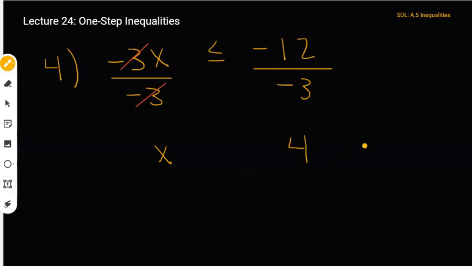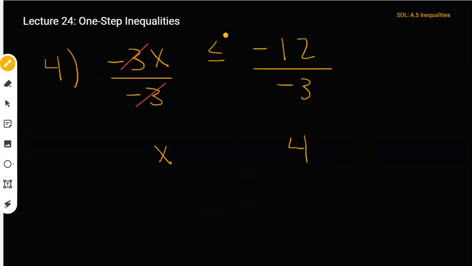Now, here's the thing that you probably learned that you may have forgotten. If you ever multiply or divide by a negative number, you have to flip the sign. Do we remember that from Algebra 1? Yes, I was just thinking about that. Yeah. It's only if you're multiplying or dividing by a negative.